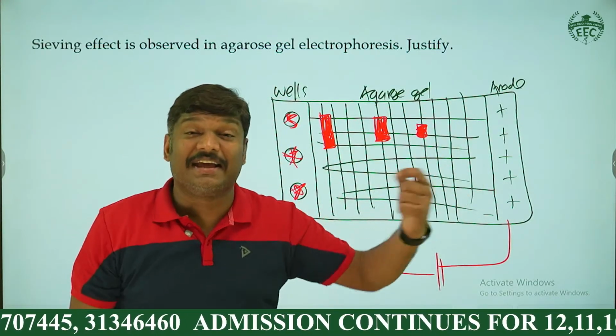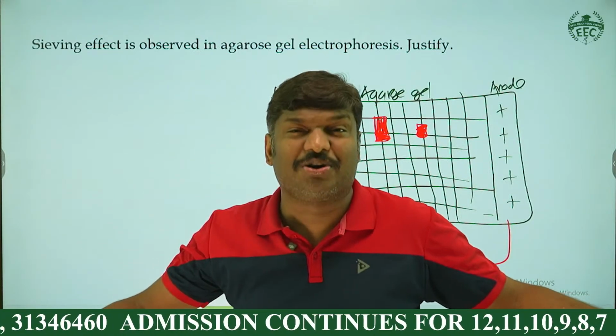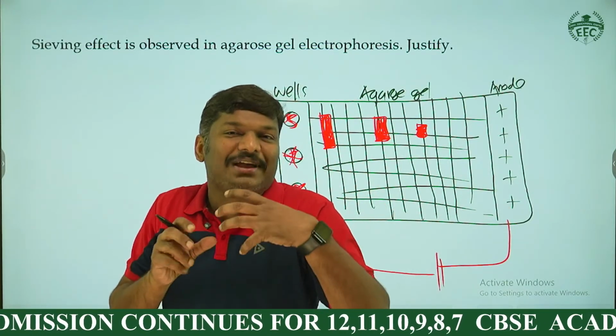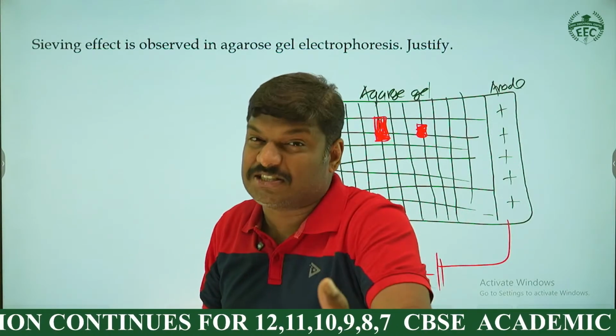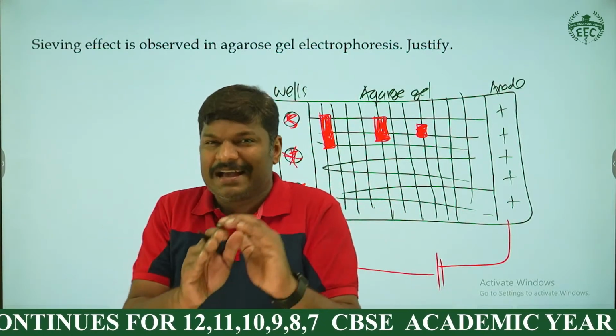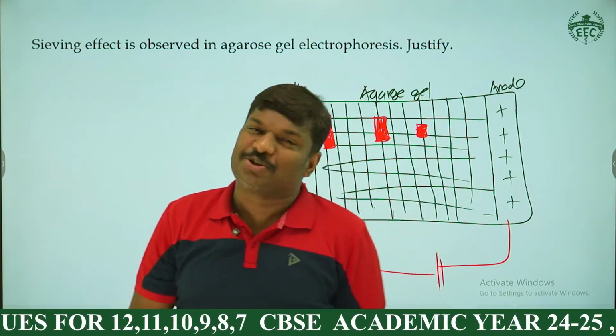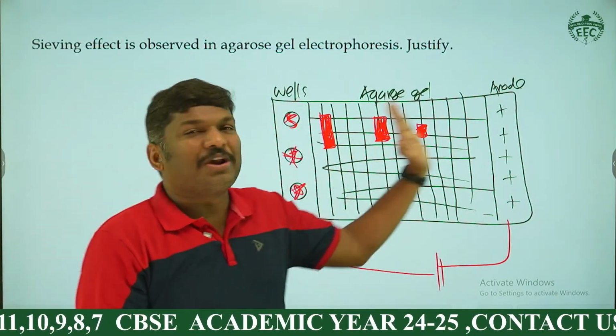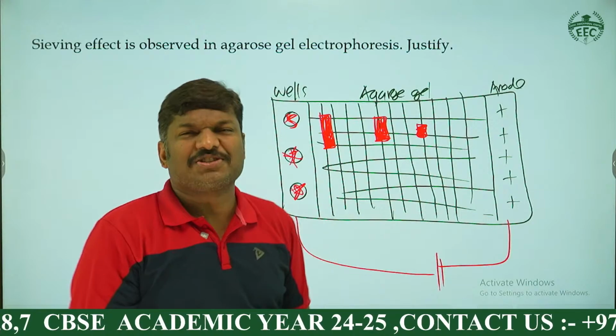So that's why the DNA segments are separated based on their size. Because when passing a material through a net, the smaller fragments move faster, while the larger fragments move slowly. That is why the larger fragments are always located close to the well, and smaller fragments move faster, my dear students.